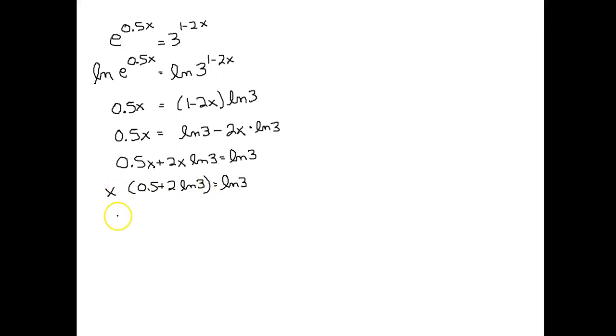Divide both sides by 0.5 plus 2 natural log 3. And you'll get x equals natural log of 3 divided by 0.5 plus 2 natural log 3. And there's your exact solution right there. So that expression, when plugged in for x up here in the original equation, will work.